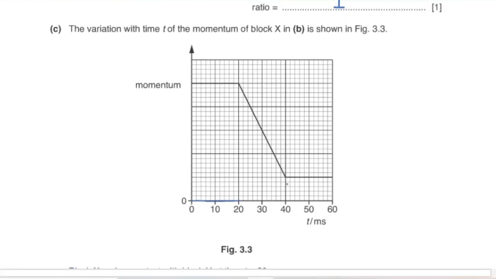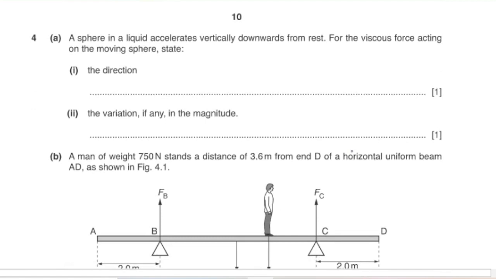So I had a difference of 1, 2, 3, 4, and 5 boxes between this line and this line. So I should end my line right here so that I will again have a difference of 1, 2, 3, 4, 5 boxes from this height. So I should have a straight line reaching up till this point and then a straight line until t equals 60 milliseconds.